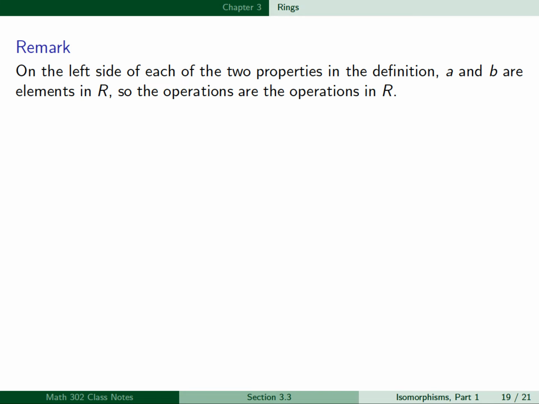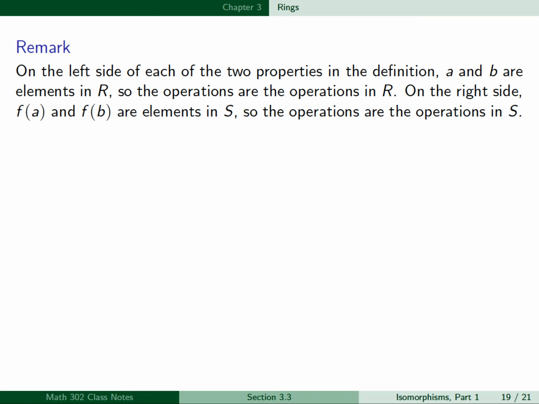Now on the left side of each of these two properties in the definition, a and b are elements in R, so the operations are the operations in R. On the right side, f(a) and f(b) are elements in S, so the operations are the operations in S.